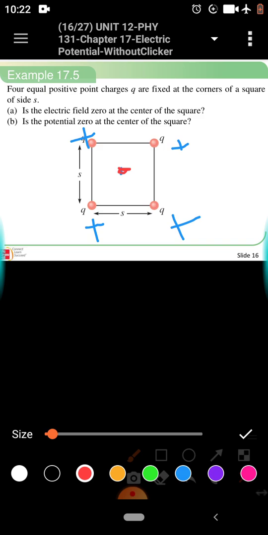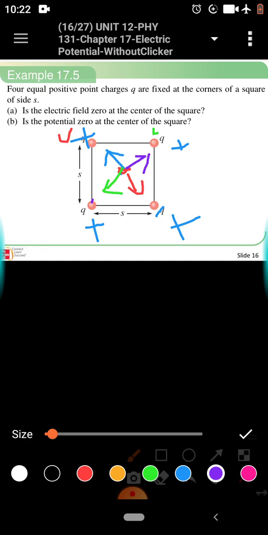So the center experiences a force going this direction due to this one, and also a force going this direction due to this one, and we have a force going this direction due to this one. Remember, we've worked electric fields this way.